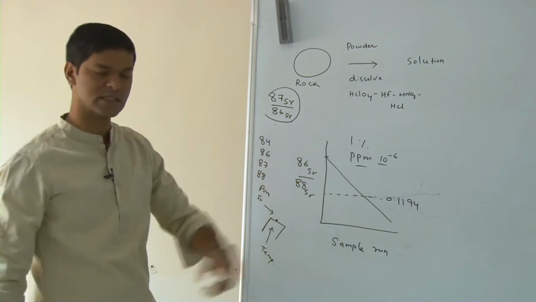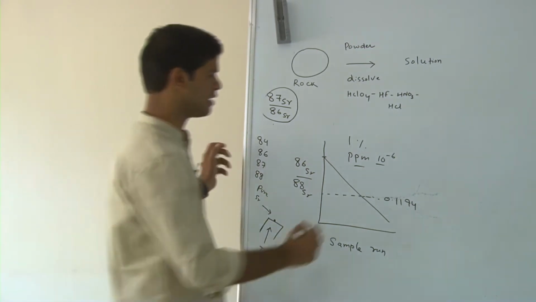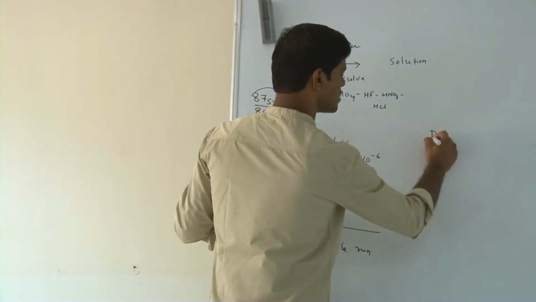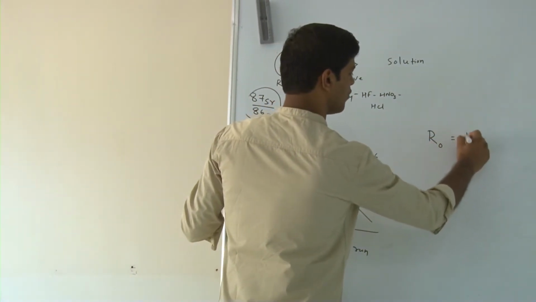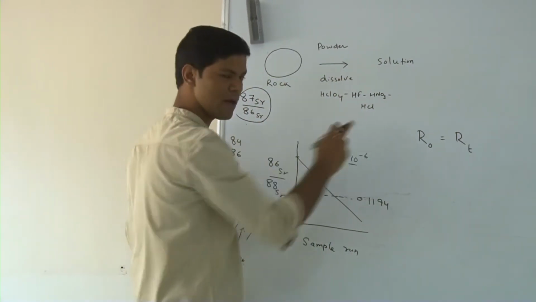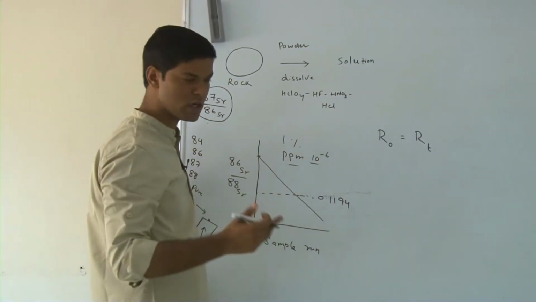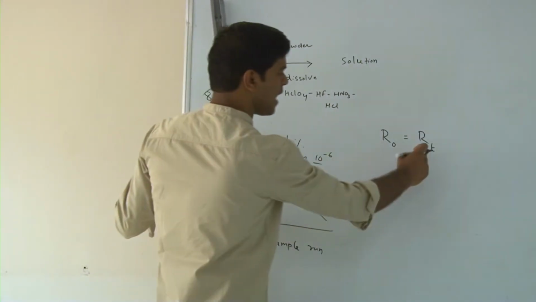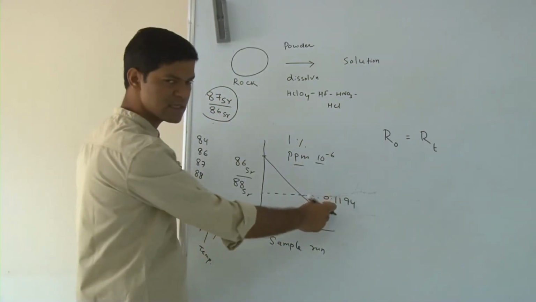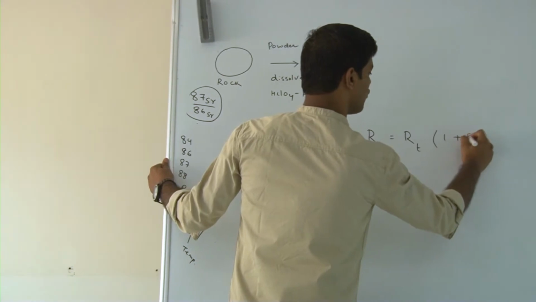So, this fractionation mostly follows Rayleigh mass fractionation, where R0, the observed data, equals RT, the true value, times 1 plus F into delta M. Here R refers to an isotopic ratio, R0 is the observed number which you are measuring, and RT is the true value, in this case 0.1194.